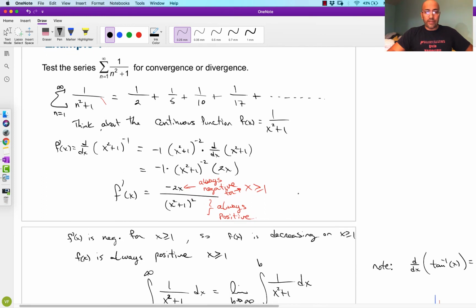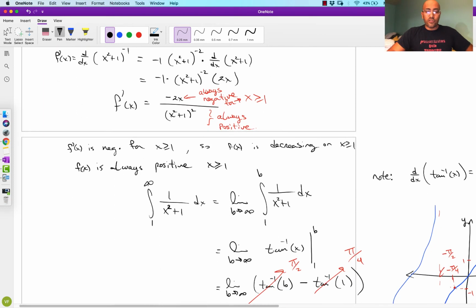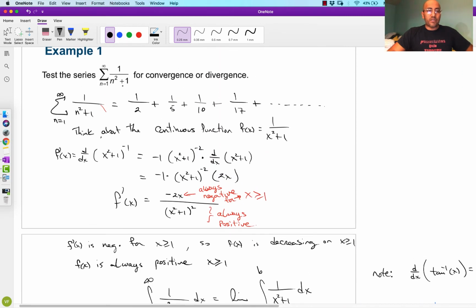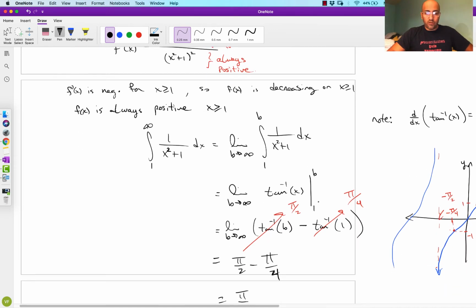Now when we integrate it, we see that it converges to pi over 4, in fact. So we can conclude that this must also converge. It won't converge to pi over 4, but it will converge. Starting with the second term forward, with the first one ignored, we know that the sum of all of those has to be less than or equal to pi over 4.